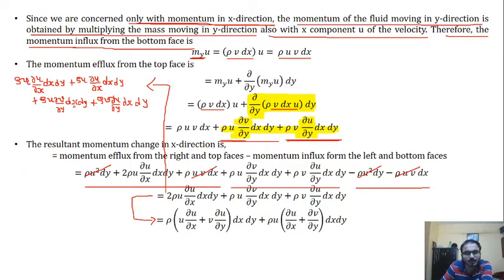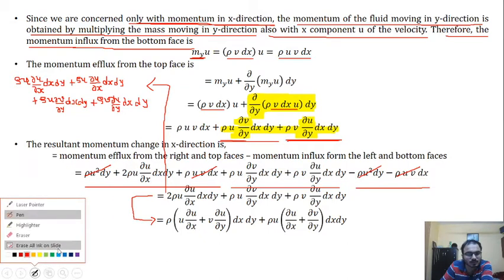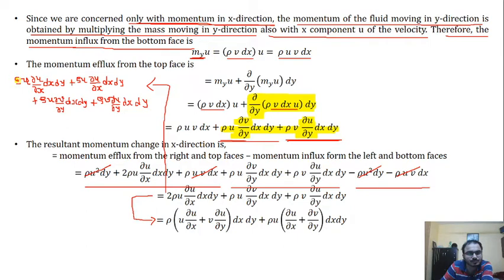So now we are taking this first term and combining this with this term over here. Once you take these two terms, we can take common rho and dx dy.